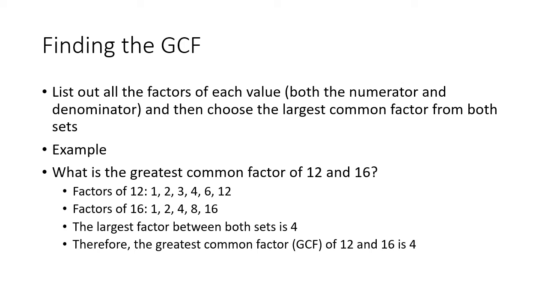The factors of 16 are 1, 2, 4, 8, and 16. The largest number or factor between both sets of numbers is 4. Therefore, the greatest common factor, or the GCF, of 12 and 16 is 4.